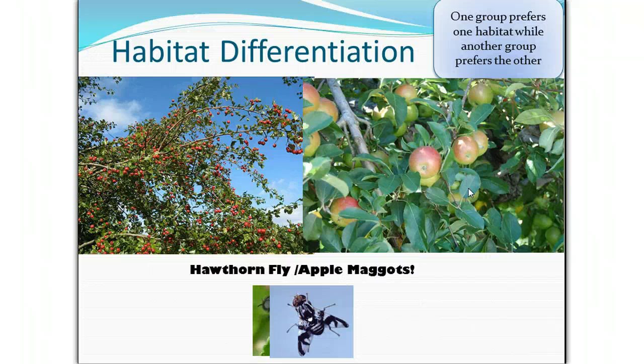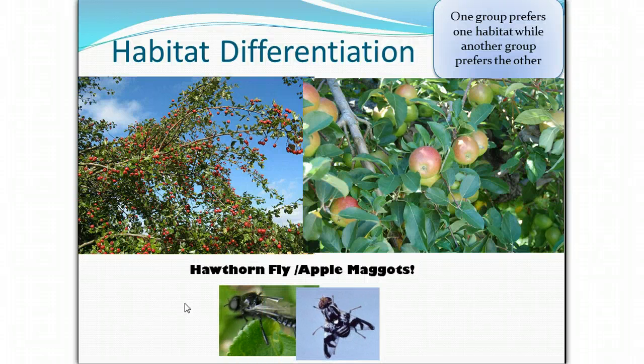And now, this is important, there is one group of this species that only prefers to eat apple, and another group that only prefers to eat the fruit of the hawthorn tree, which is pictured here. So we are seeing sympatric speciation in progress.